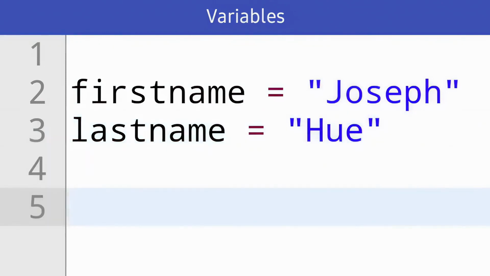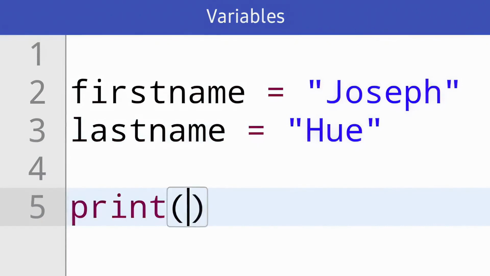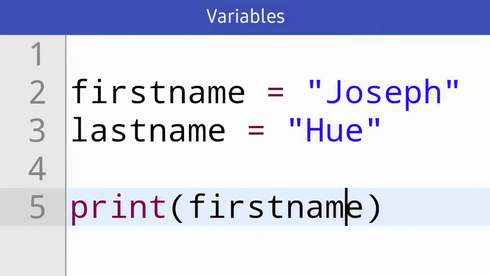So suppose we want to display the value of a variable, or we want to check the value of a variable, we can use our print statement. And inside our print statement, we will put the name of the variable in there. In this case, we want to check the value of first name.